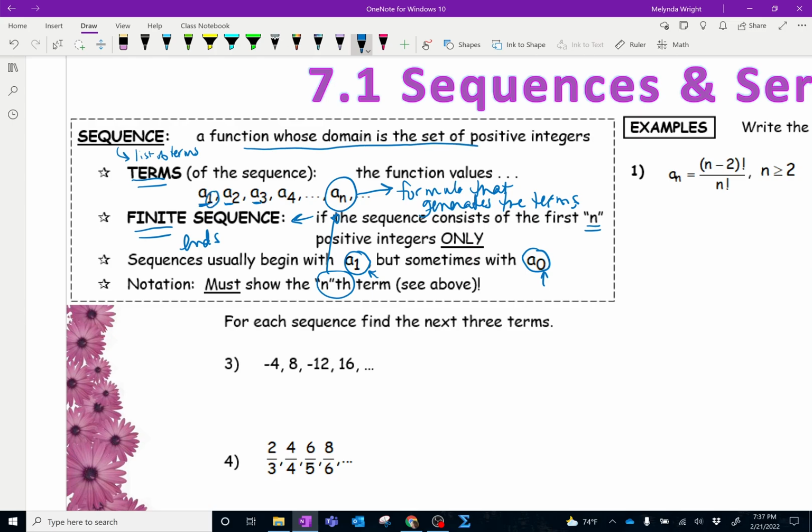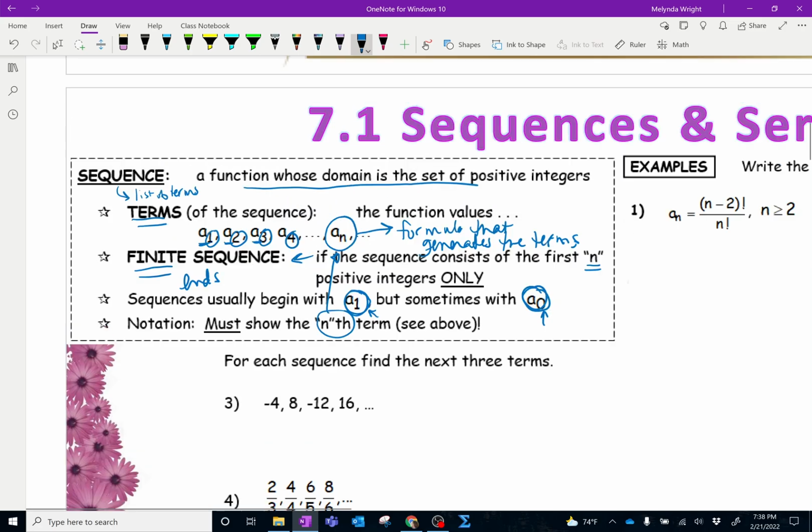These sub-numbers are the domain. It starts with either a 1 or a 0 and continues as long as the sequence continues.